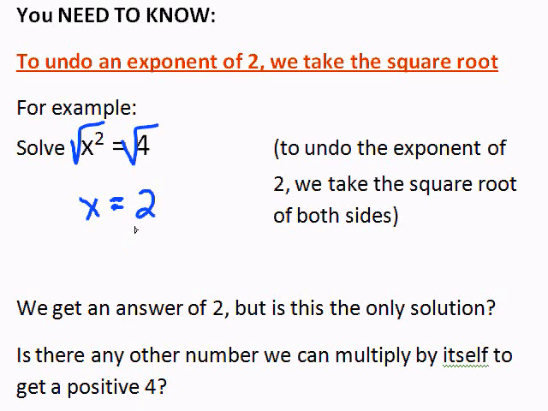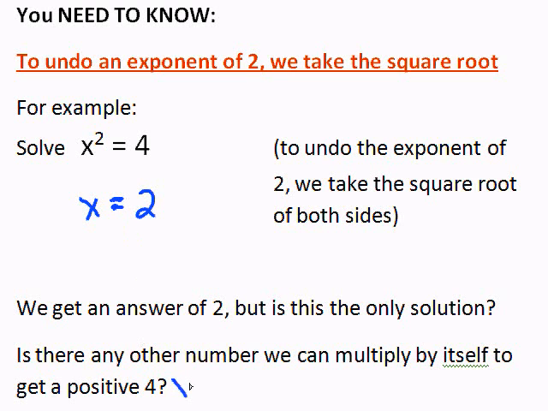There is another solution that shows up when we take the square root of both sides. To bring this out, I ask you the question, is there any other number we can multiply by itself to get a positive 4? We can clearly see that positive 2 is a solution to x squared equals 4 because 2 squared equals 4. So this solution will check out, but is there any other number we can square to get a positive 4?